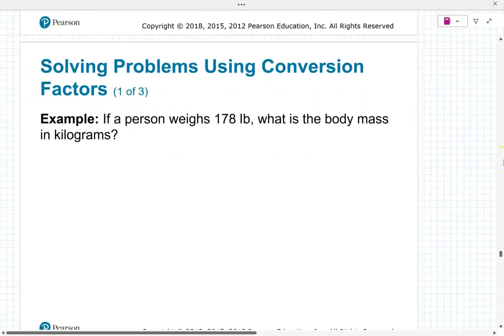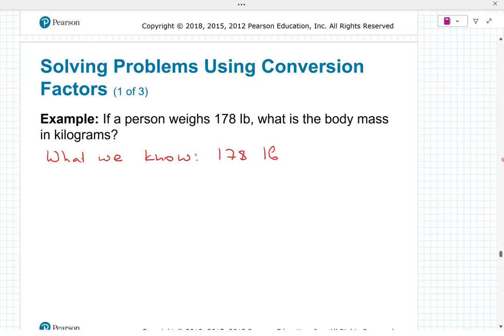So, how do you use conversion factors? You need to think about what's given. I'm going to do sort of an extended solution. So, what we know. You can just divide by 2.2. Hold your horses. We'll get there.